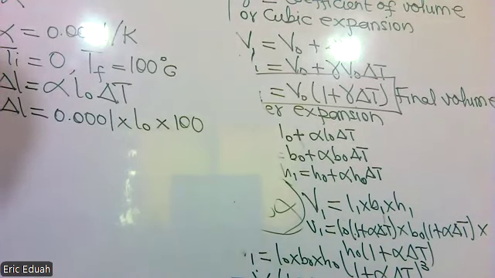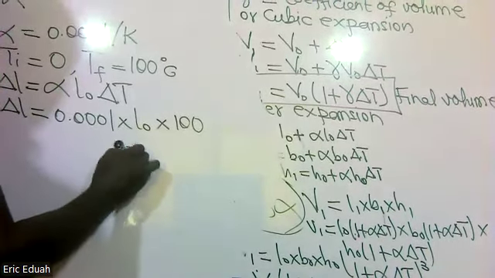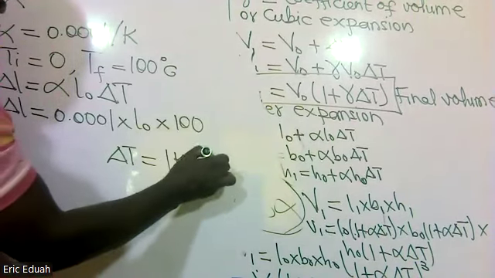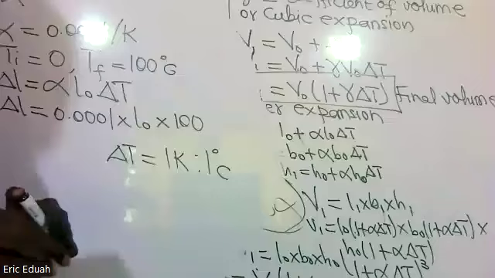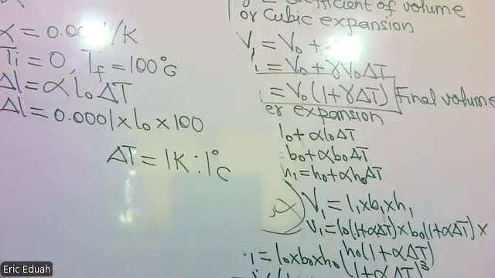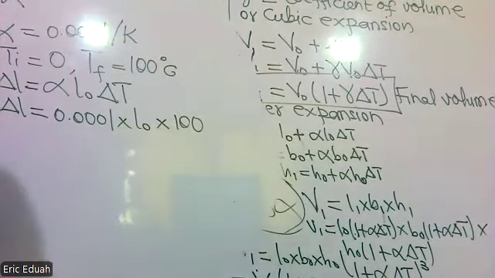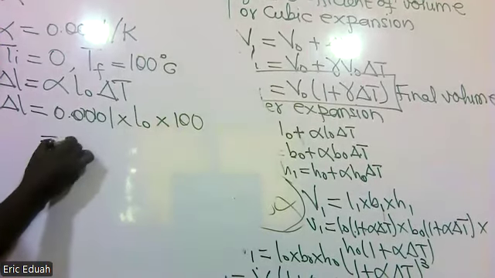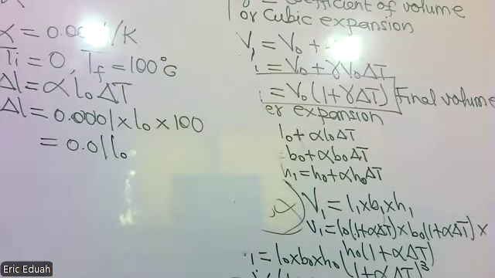Don't forget, for change in temperature, the ratio is 1 K is to 1 degree Celsius. So a change in temperature of 100 degrees Celsius is also equal to 100 Kelvin. So this is equal to 0.01 times the original length.